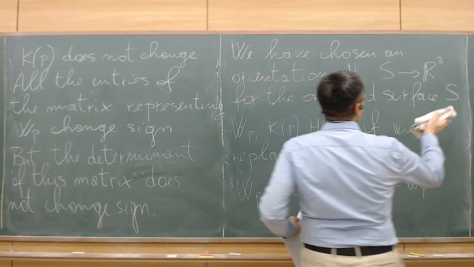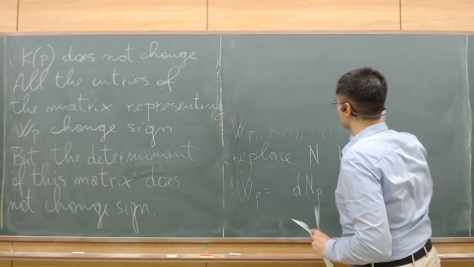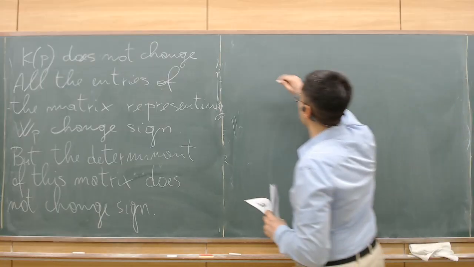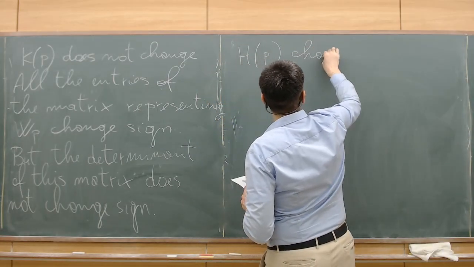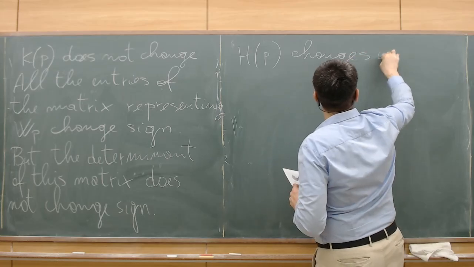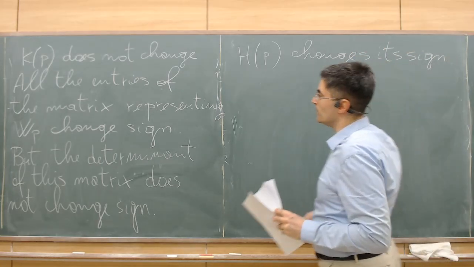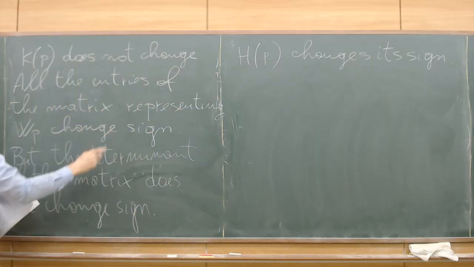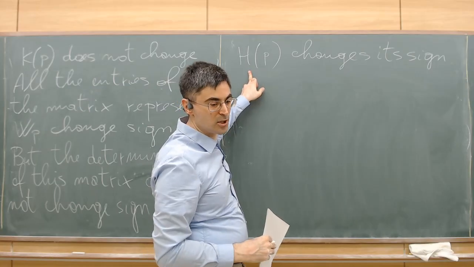Instead, the mean curvature changes its sign. Why? Because the entries of the matrix change their sign. So this means that the trace of the matrix changed its sign.